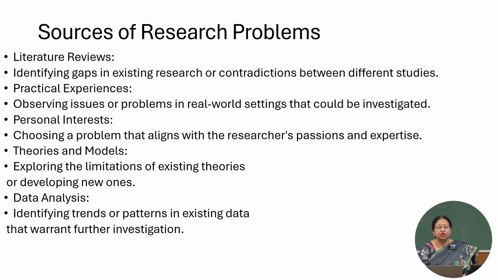Personal interest. Choosing a problem that aligns with the researcher's passion and expertise. Theories and models. Exploring the limitations of existing theories or developing new ones. Data analysis. Identifying trends or patterns in existing data that warrant further investigation.